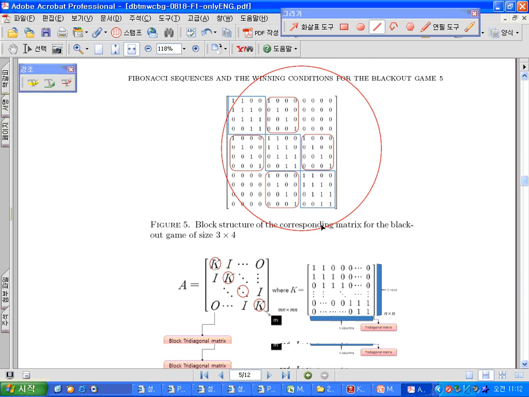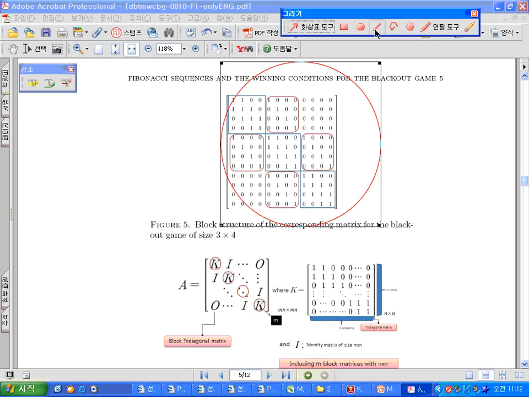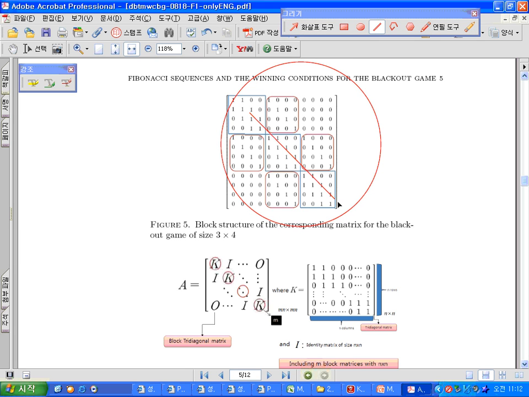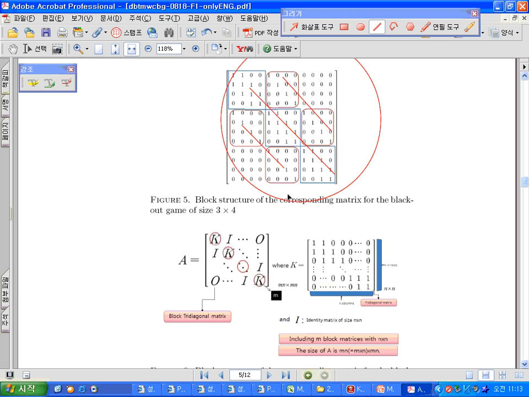So we can write it in this form. We have this block diagonal matrix here, and this block super-diagonal submatrix and this block sub-diagonal matrix. So we can write this matrix in this way.